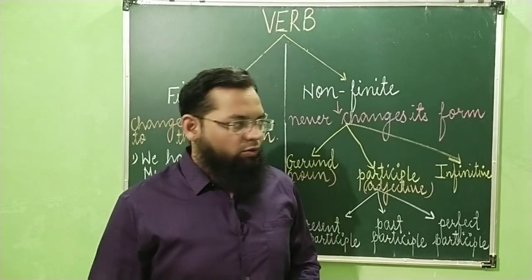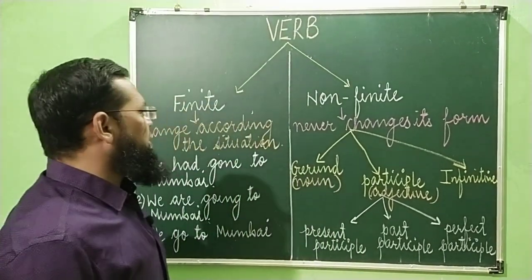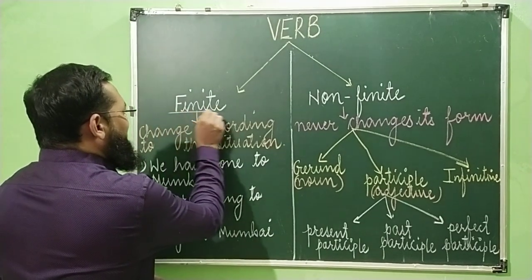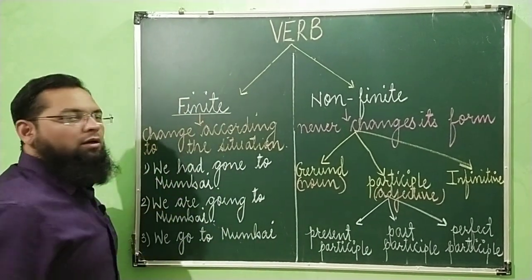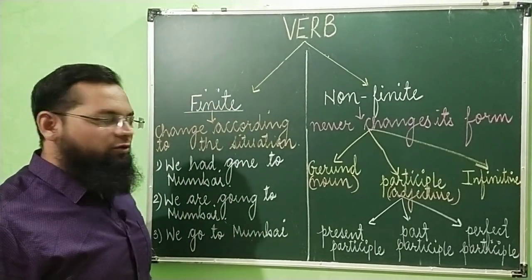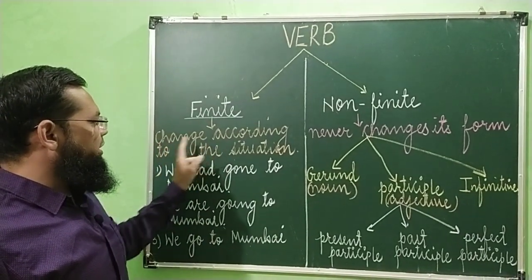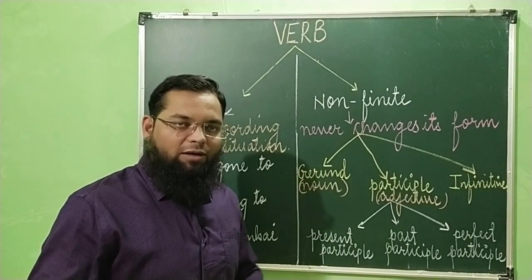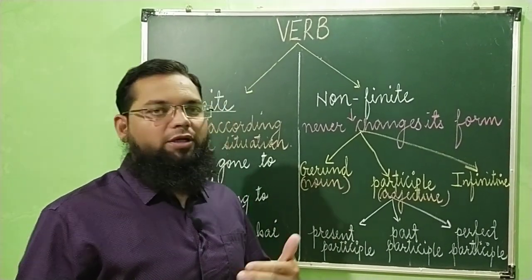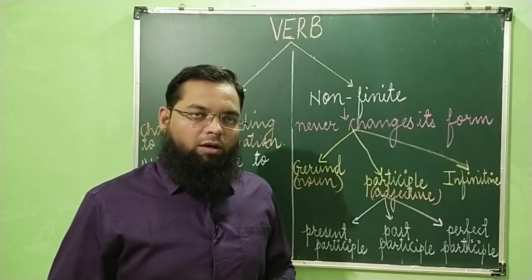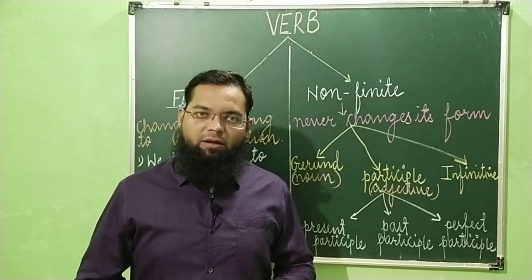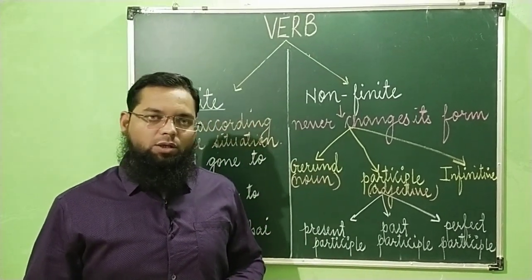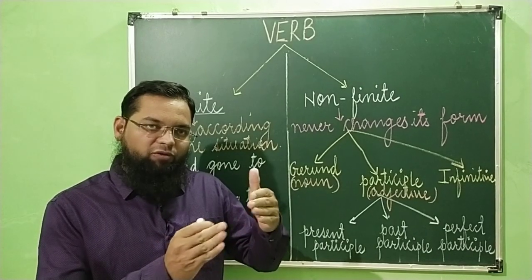Okay, so finite verbs. Now, what do you mean by the finite verbs? The finite verbs are the verbs that change according to the situation, according to the tense. In the previous videos, while dealing with the tenses, we had seen the 5 forms of the verb.